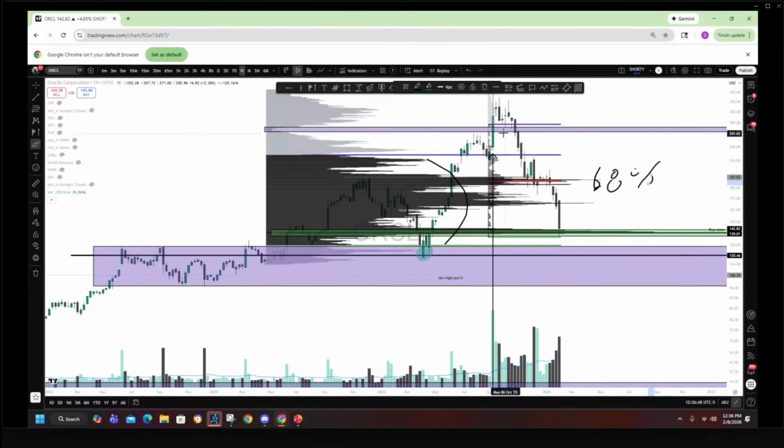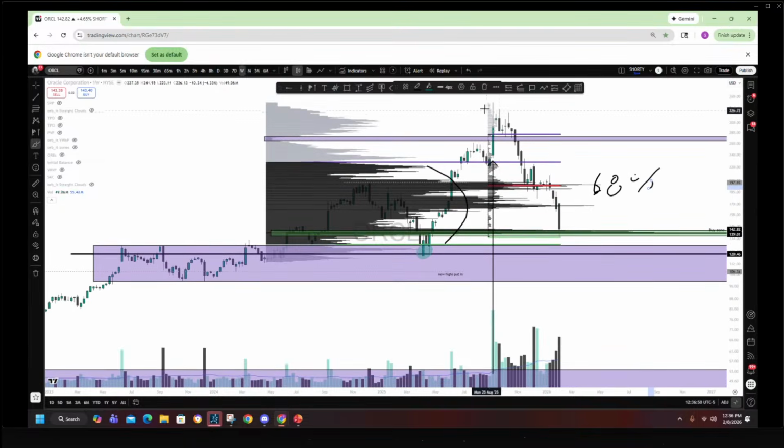What does that tell you about this volume at the top? And I guess this little bit of volume here. Is there a lot of volume there? I can't disagree that they built value here.